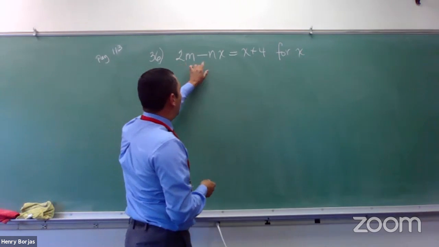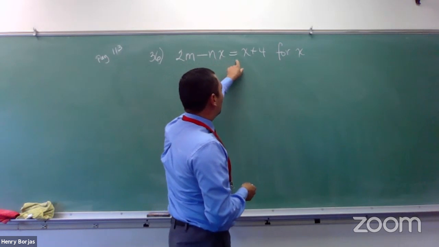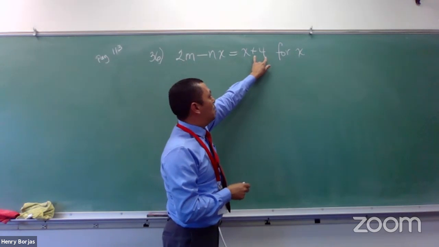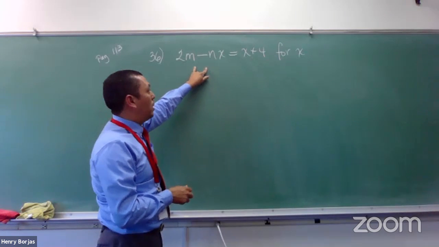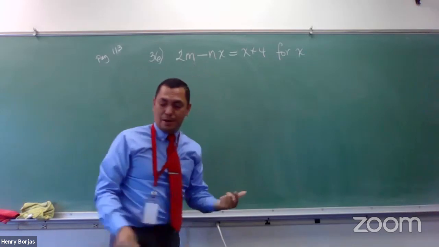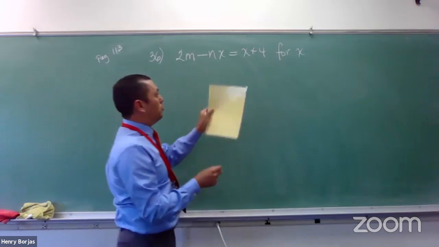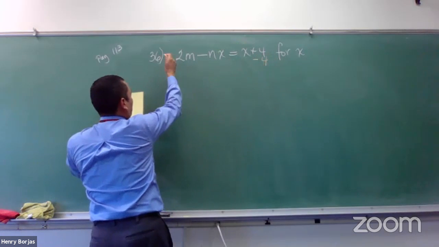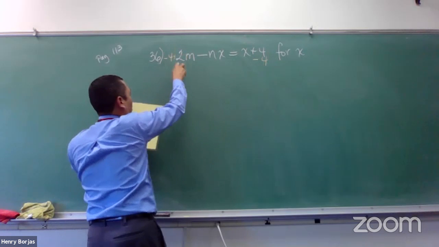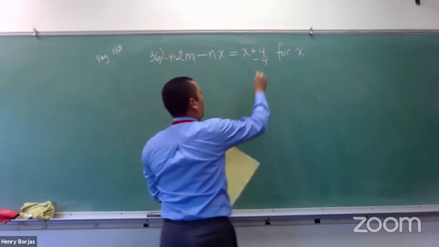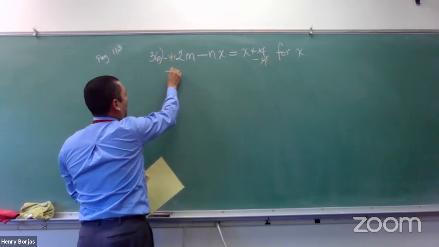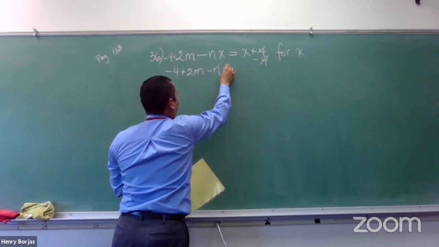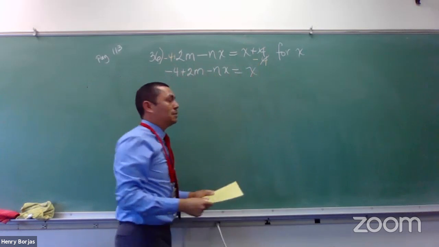I'm going to start, in this case, moving 4 to the left. So again, focus on what you're doing. You are solving for x. So minus 4, and I'm going to type here minus 4 plus this expression. So this 4 goes away. So I have minus 4 plus 2m minus nx equals x.